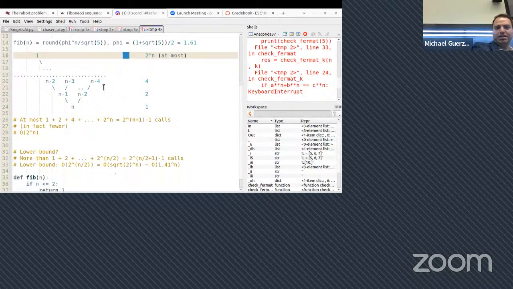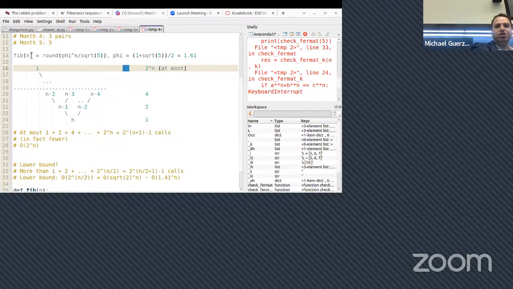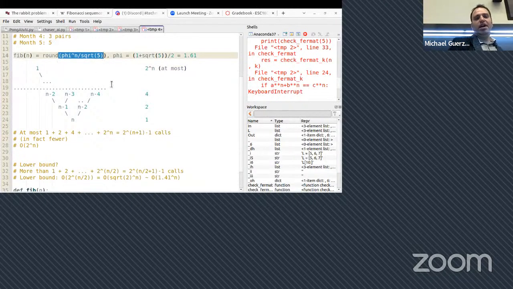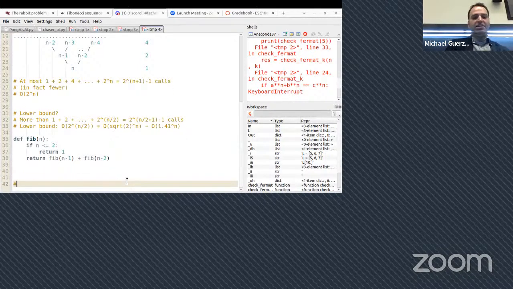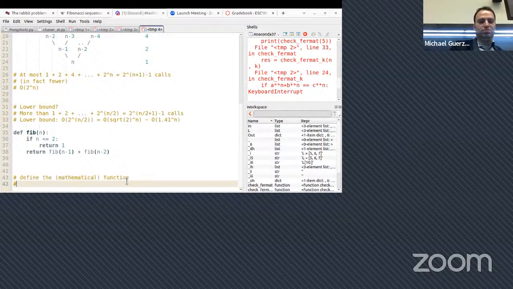So the interesting thing here is that if we go back here, this is kind of in between, and here's another approach that we can take. I can define the function, let's make it k, the number of calls needed to compute fib of k.